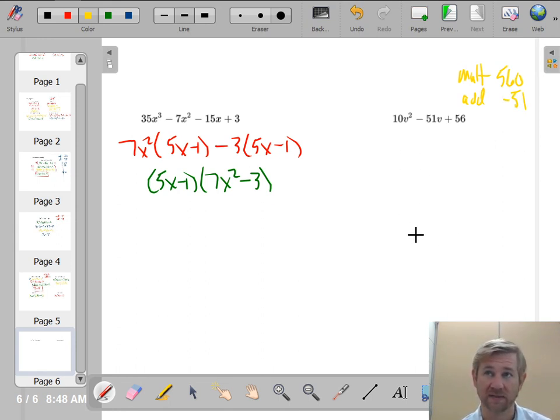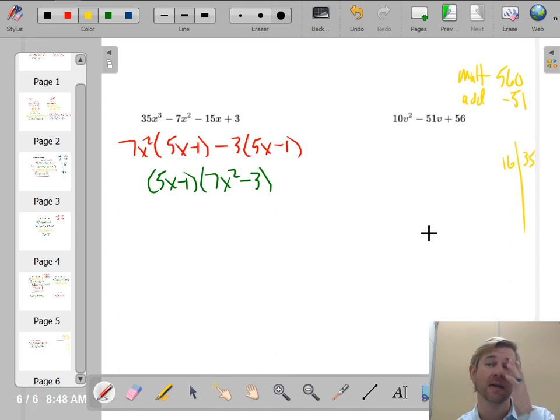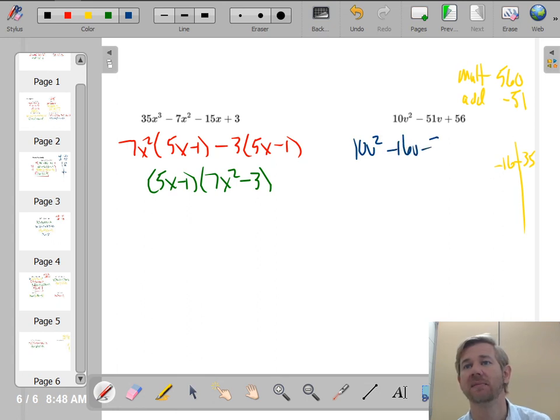So what multiplies to 560 and adds to negative 51? Let's see, this is going to be 35 and 16. That adds to 51 and multiplies to 560. Now, the fact that they have to add to negative 51 means they are both negative. So I'm going to say 10v squared minus 16v minus 35v plus 56.